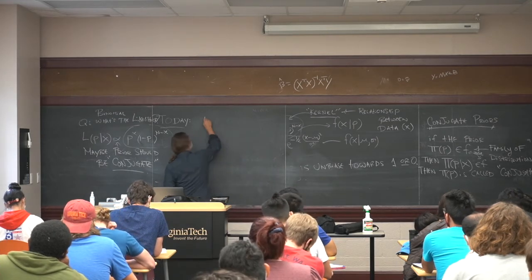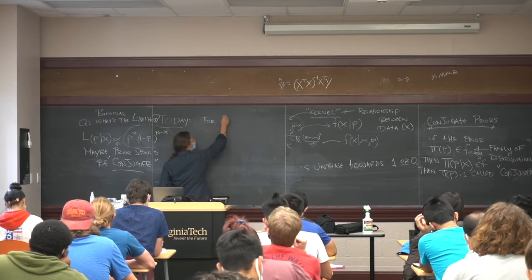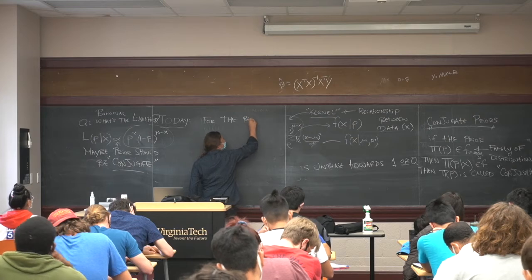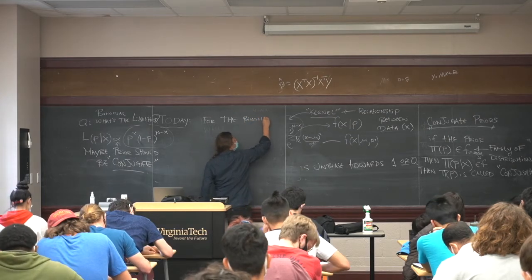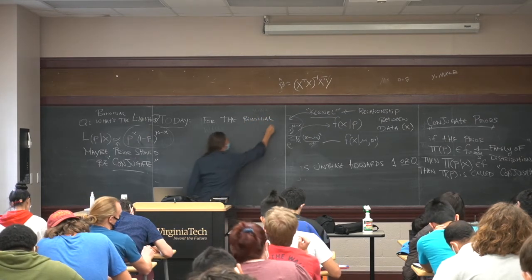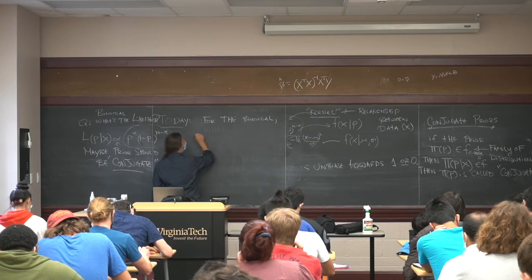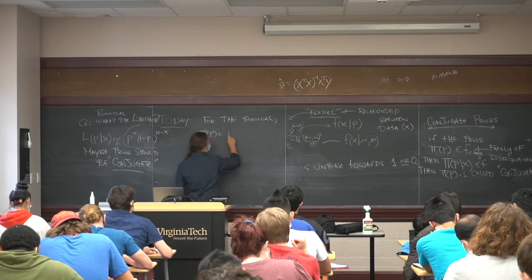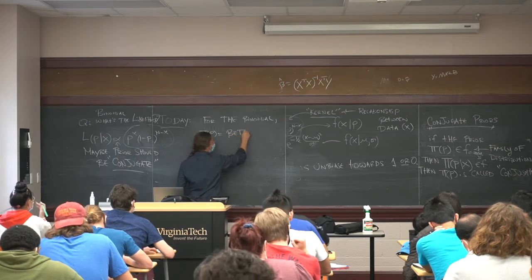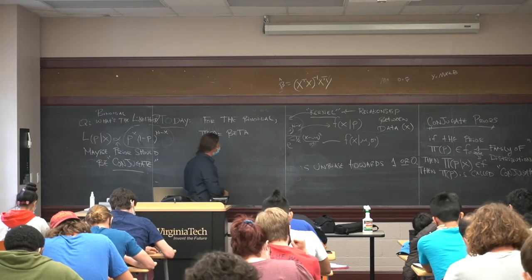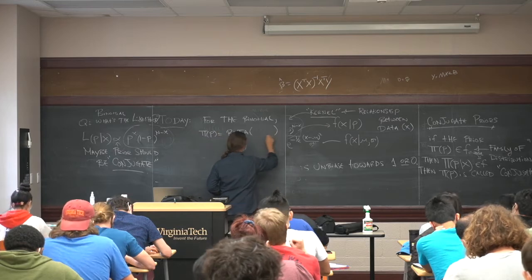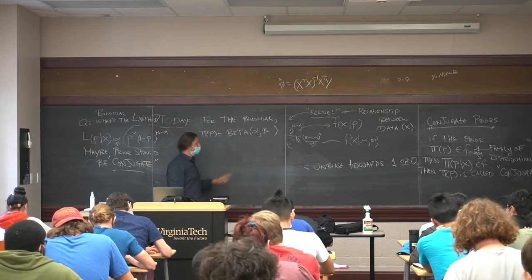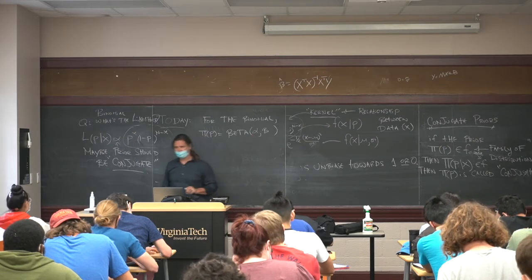So for the binomial, pi(p) is equal to a beta, and a beta has two parameters in it. I'll show you what it looks like in a second. It has an alpha and a beta usually.